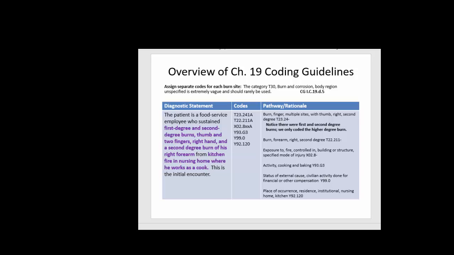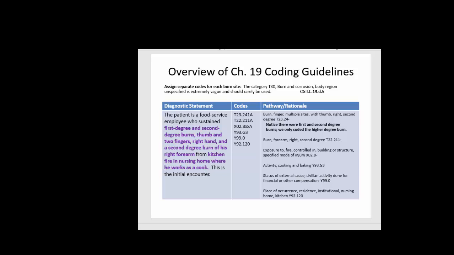There is a code, T23, for a burn of a finger multiple sites, because in this case our diagnostic statement tells us it was first degree and second degree thumb and 2 fingers. Remember from an earlier guideline we were told we only code the higher degree burn.